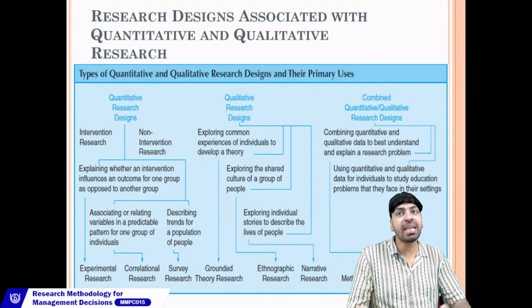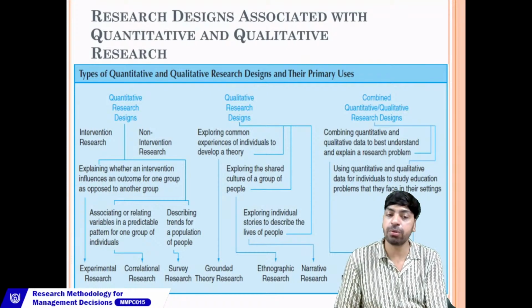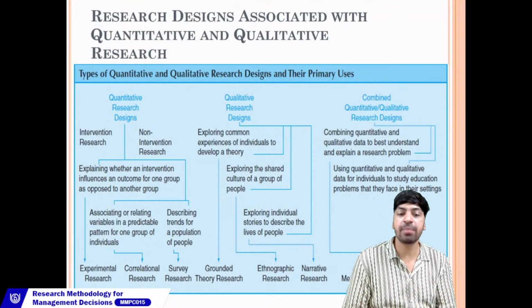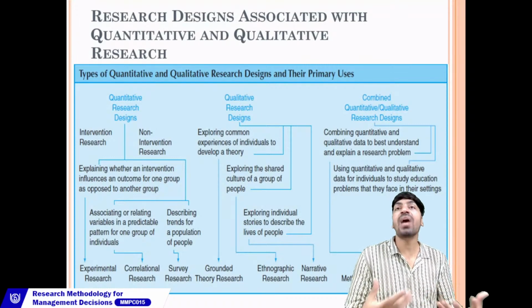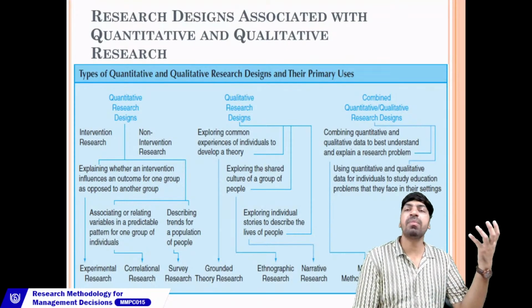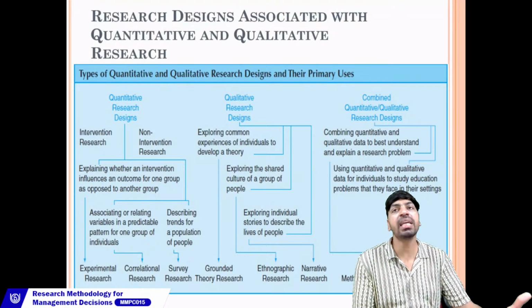So you need to check whether there are correlations between two or more groups, and that's called the correlational research design. When we talk about the survey research design, it describes the trends of a population of people. Like, okay, the population of people having smoking habits.